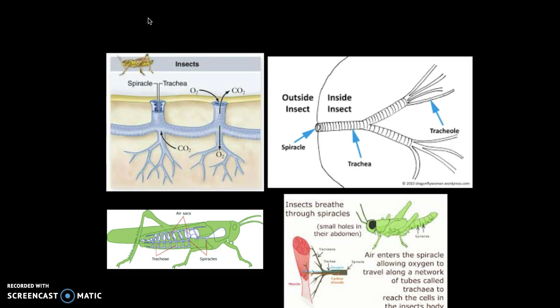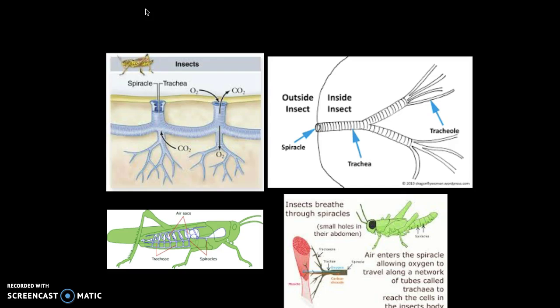As you could see at the top left picture, you see the O2 coming in and the CO2 coming out. The tracheal breathing systems in insects and spiders have valve-like openings called spiracles.